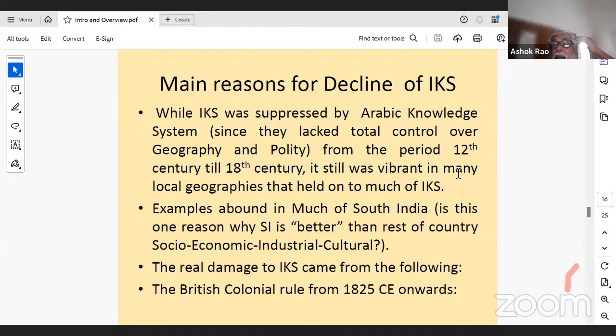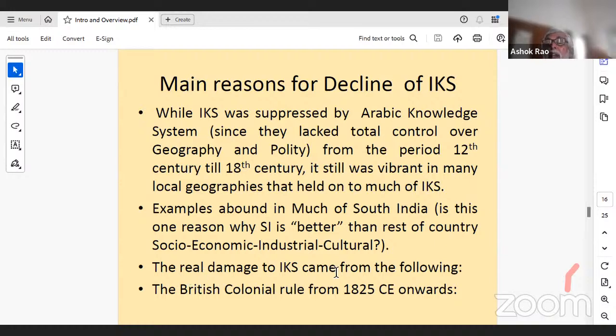It was still vibrant in many local geographies that held on to much of the Indian knowledge system. Examples abound in much of South India. And probably is this the reason why South India is economically, culturally, and industrially more prosperous than North India? I don't know.